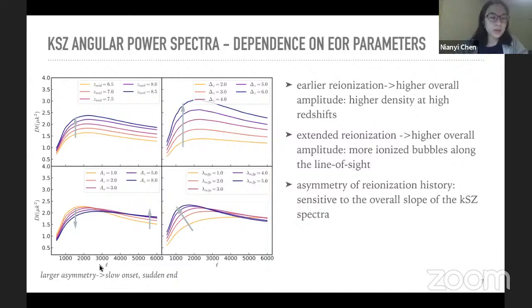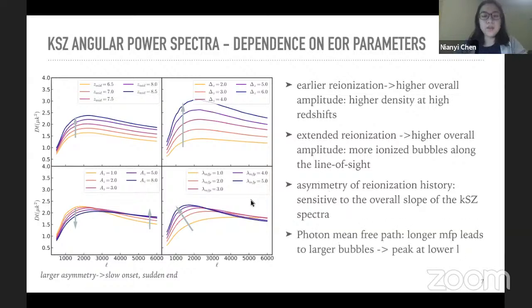Note that if you pick the L equals 3000 point and only measure this single point, you will see no variation when you vary the asymmetry of reionization. But if you're able to observe more points along this line, you can capture the dependence on asymmetry pretty well.